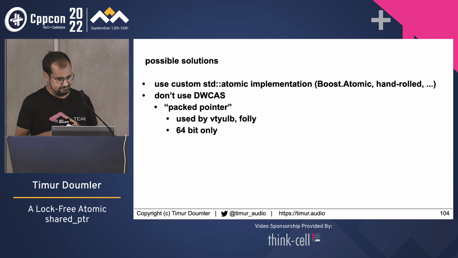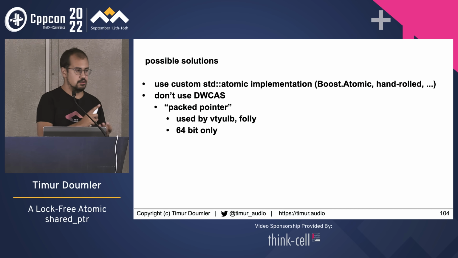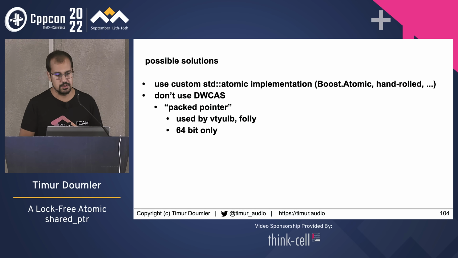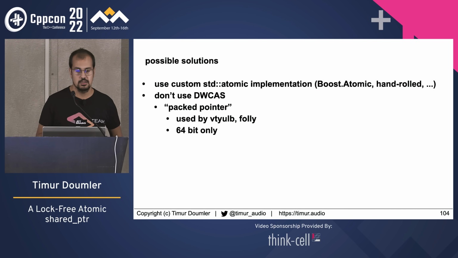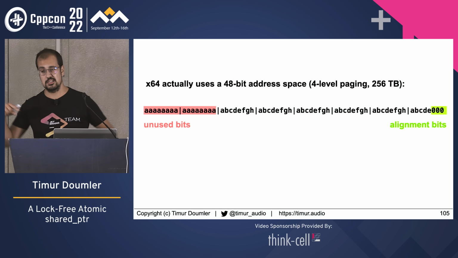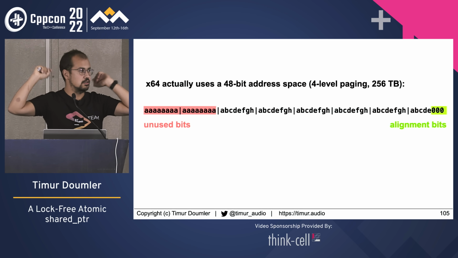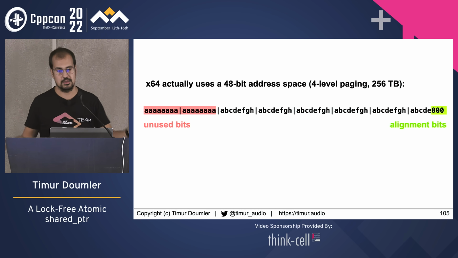Well, there is a technique called packed pointer, and that is used in both Vladislav's implementation and the Folly implementation. It only works on 64-bit, but what we're doing there is exploiting the fact that 64-bit Intel actually doesn't use all the 64 bits for the address. It only uses 48 bits. Intel machines have a 48-bit address space.